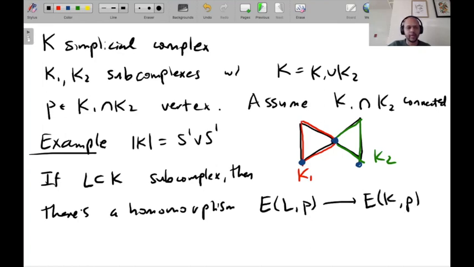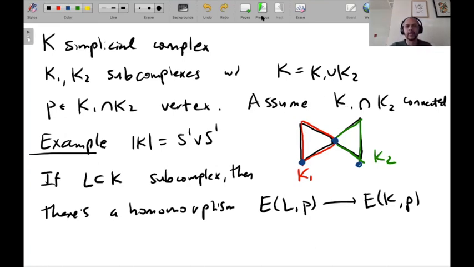I should also say that P is the base point of K and is also in L. The way this works is, given an edge loop in L, well, L is a subcomplex of K, so it's also an edge loop in K, and that's what this homomorphism does. Like in this example, you have K1. If you take some loop based at the base point P, then that's also a loop in K. Okay, so that's straightforward.